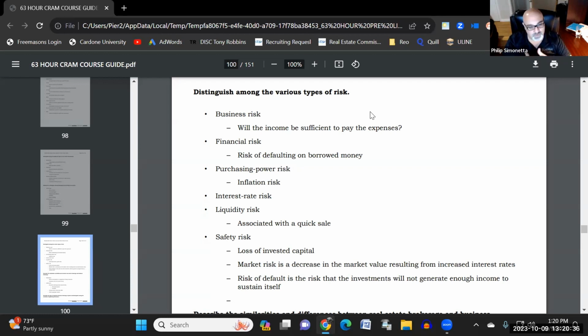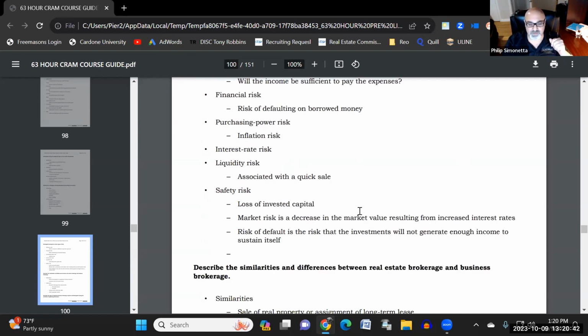Interest rate risk. We're living it right now. Liquidity risk associated with a quick sale if you need to sell it fast. Safety risk. Loss of invested capital. Market risk is a decrease in market value resulting from increased interest rates. Risk of default is the risk of the investment will not generate enough income to sustain itself. There's a lot of that going on right now.